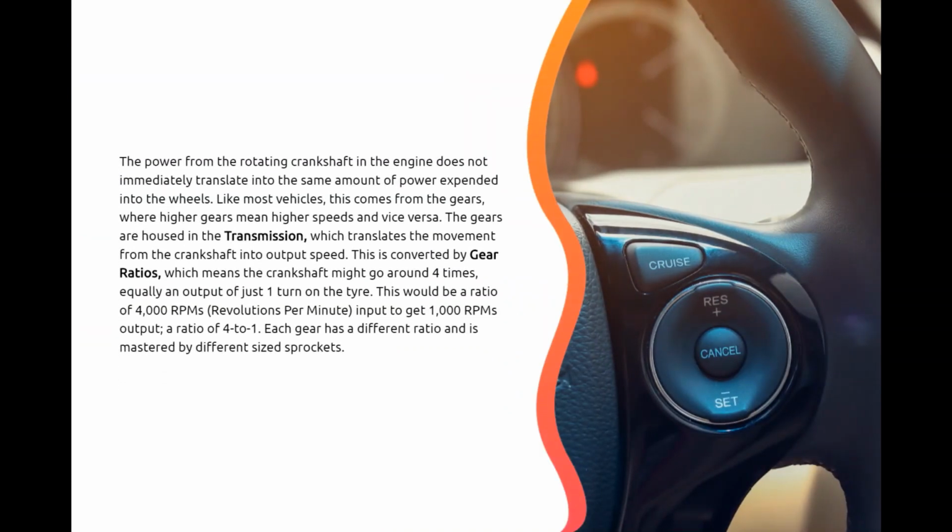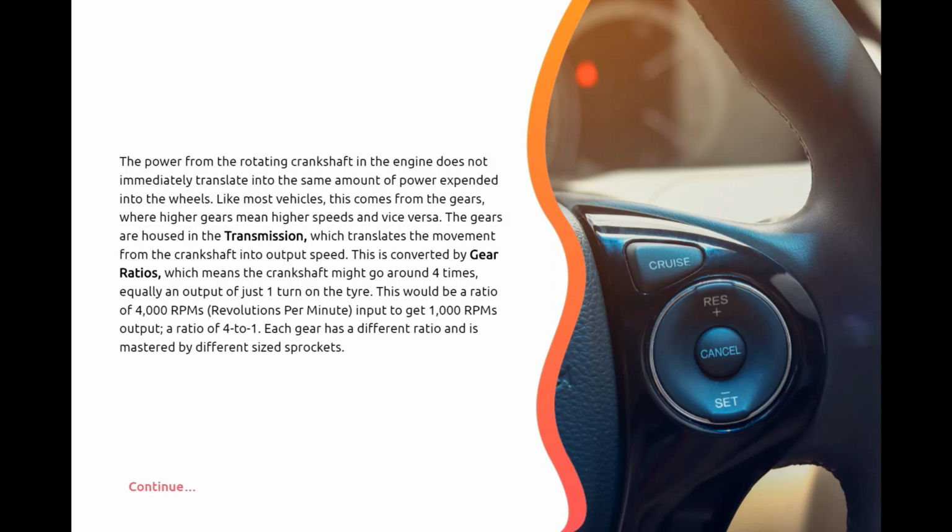The power from the rotating crankshaft in the engine does not immediately translate into the same amount of power expended into the wheels. Like most vehicles, this comes from the gears, where high gears mean higher speeds and vice versa. The gears are housed in the transmission, which translates the movement from the crankshaft into output speed.